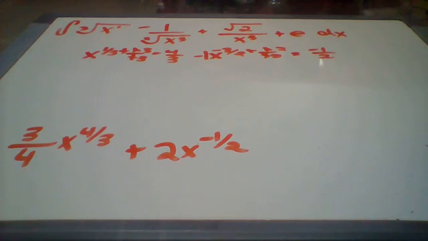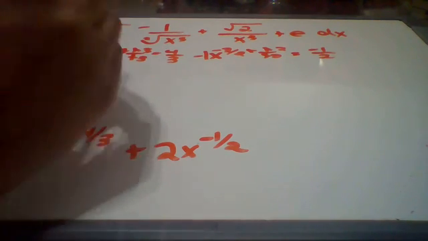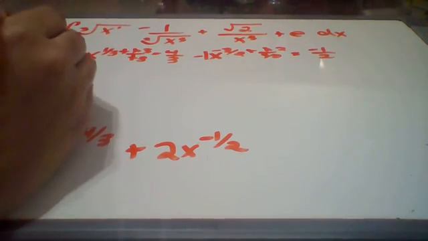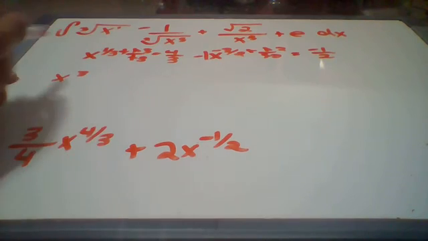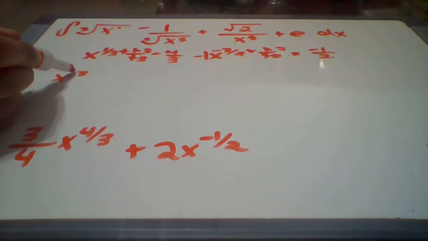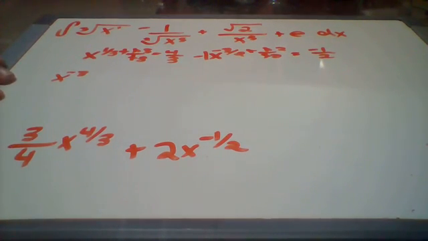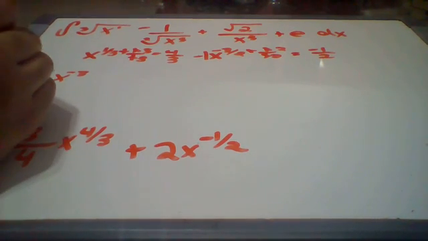Okay, so for the next one, the square root of 2 over x cubed, again, since it's in the denominator, I'm going to make the exponent negative, and there's a square root of 2 in front.